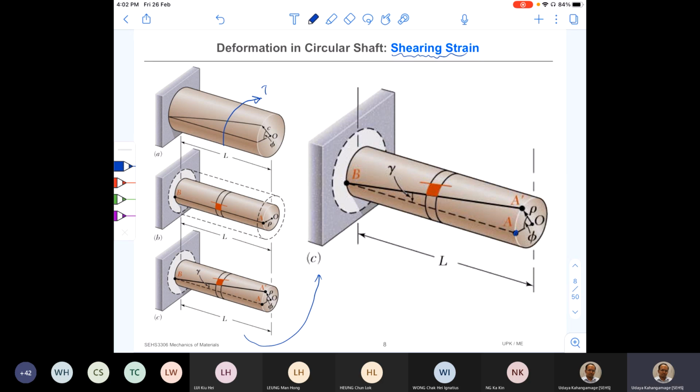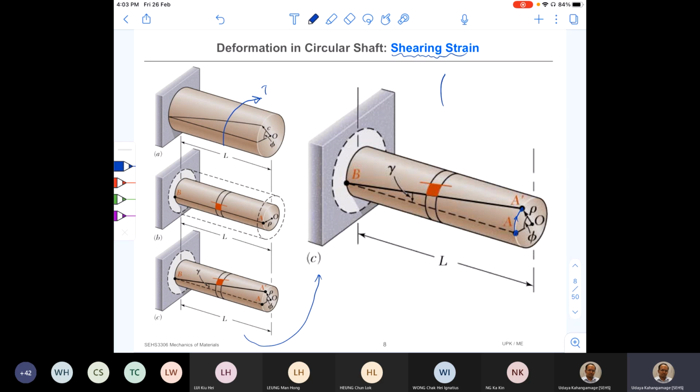So here, point A has moved to A prime, right? So that is a displacement. So that creates the strain. So can you write an expression for this A prime in terms of rho and phi? I hope that you have learned these things before.